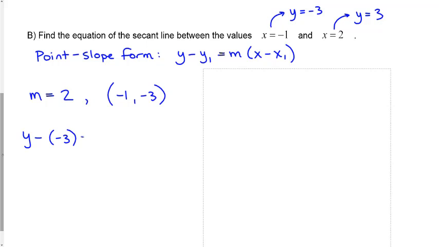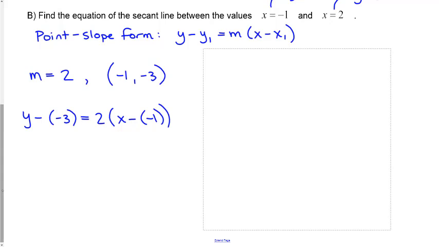And that's equal to my slope of 2 times x minus the x coordinate of this point, which is negative 1. Don't plug in both points; you have to have a y and an x variable in the end in order to make the equation of a line. So you only plug in one of the 2 points, and it doesn't matter which one you choose.